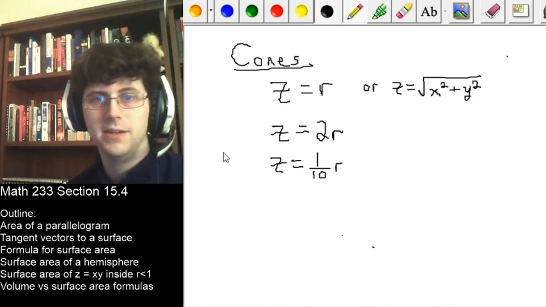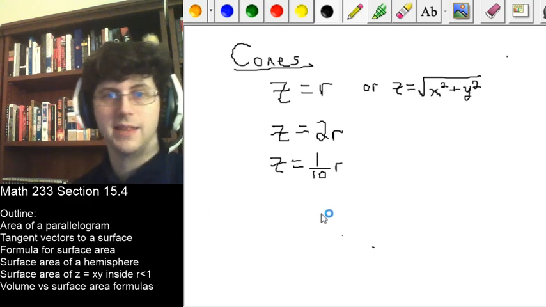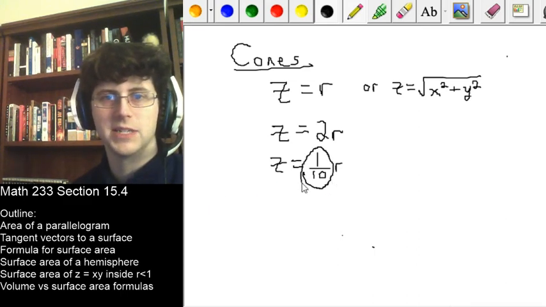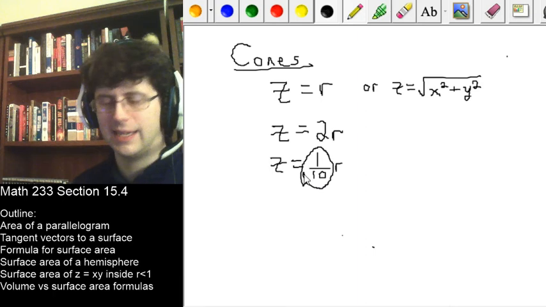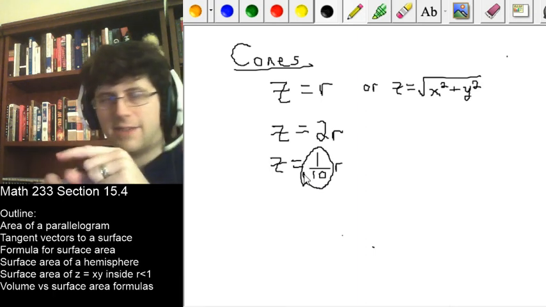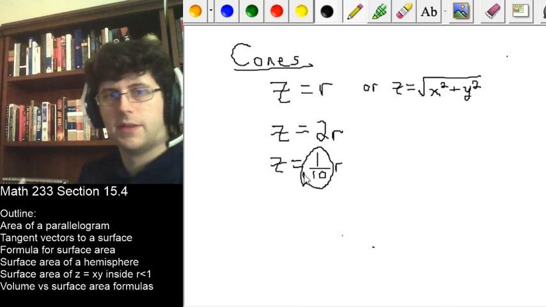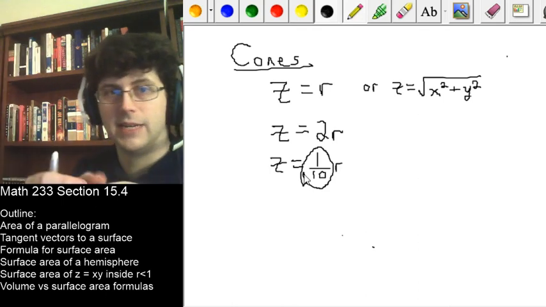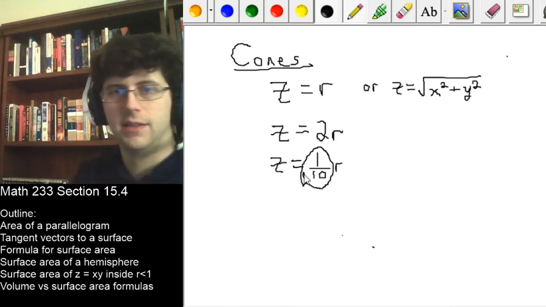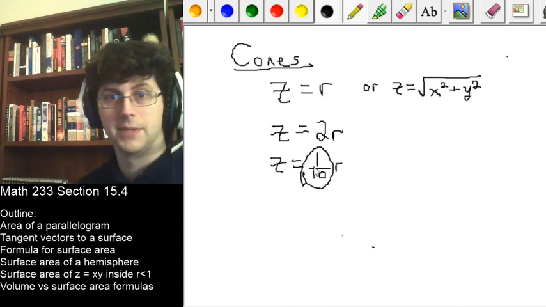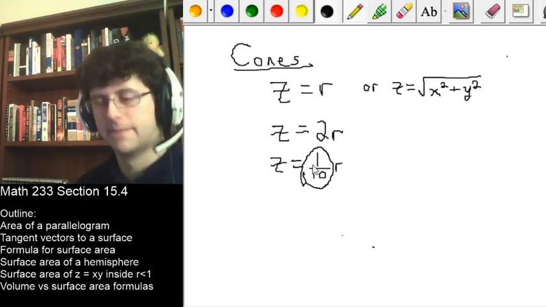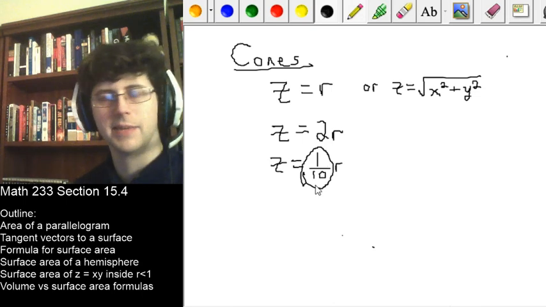However the cone is given to you, the main thing you're going to have to find is this ratio. It's kind of like a slope. It's how far up does it go compared to how far out it goes. So if you have a really tall cone with a very little radius, then this number will be a big number. Basically it's the height divided by the radius.